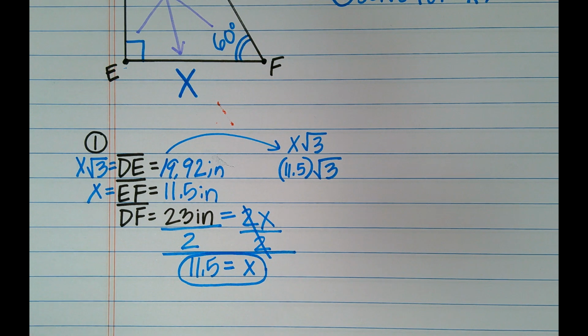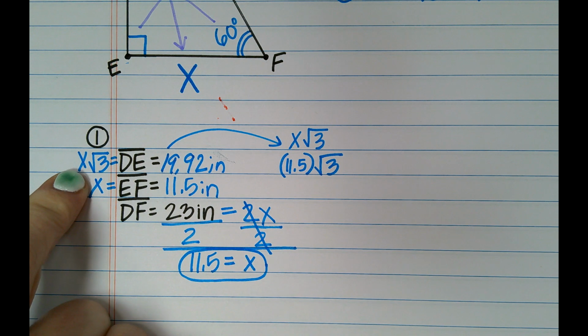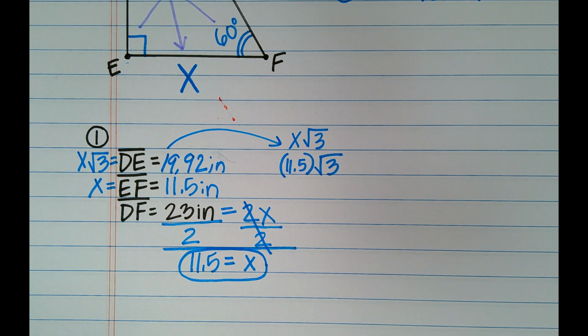There's only one version of this problem that might be slightly trickier, and that's where we're given DE first. I gave you the medium problem first. The easy one would be if we were given X already.